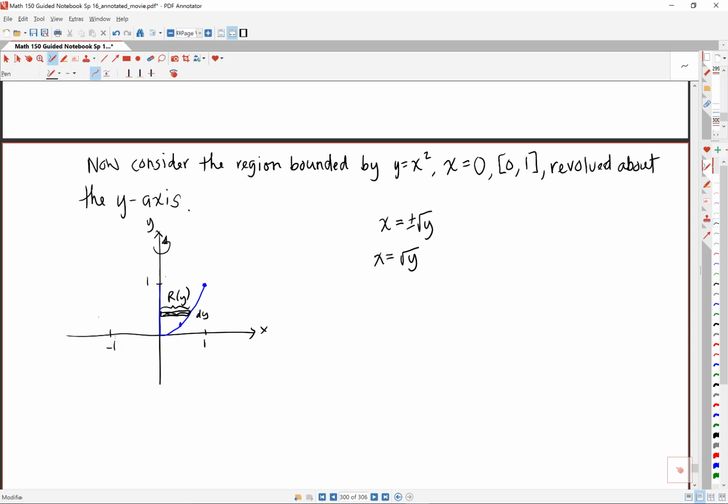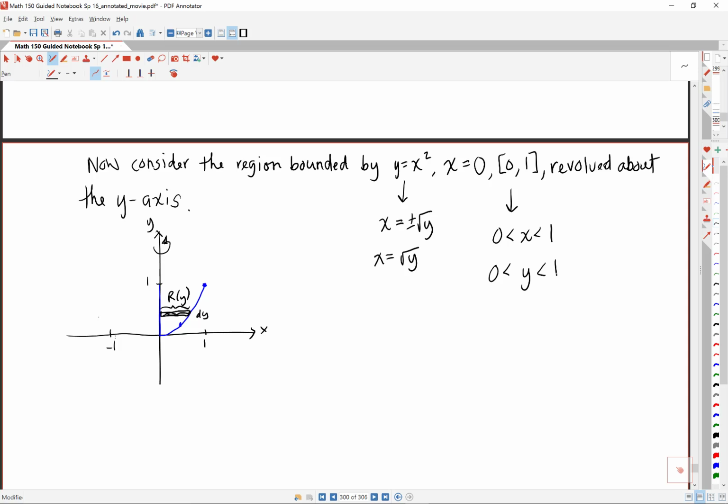And x is 0 is fine, it's another bound. So 0 is less than x is less than 1. If you plug those values in, do you see for y you'll get 0 is less than y is less than 1?